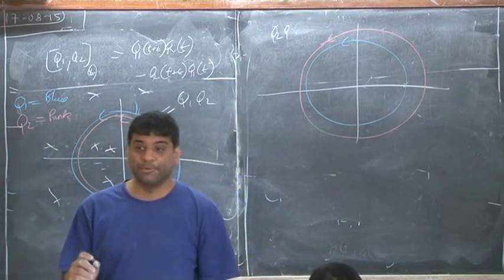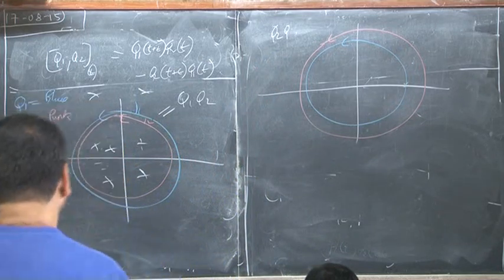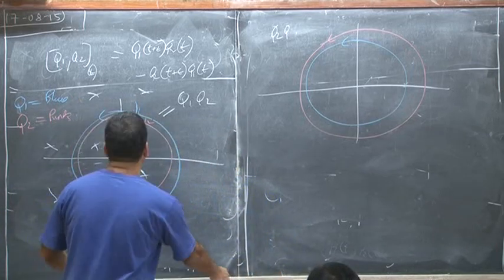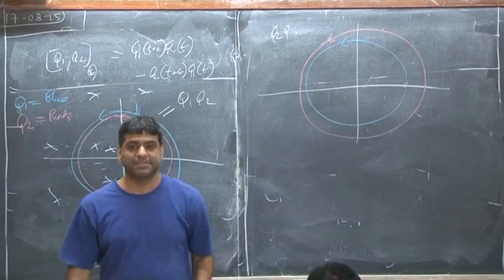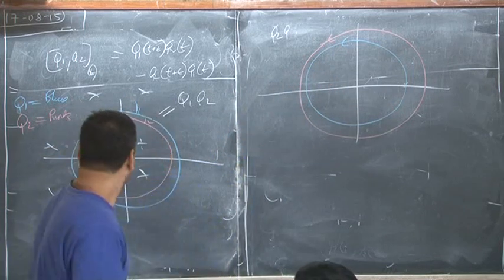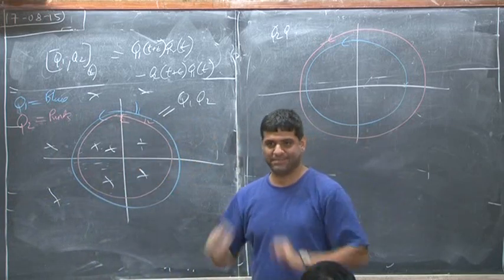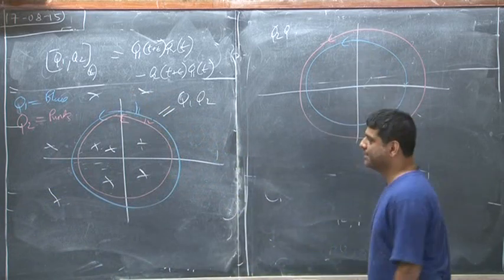Now what I want to do is compute Q1, Q2 minus Q2, Q1. So what I'm going to do is the following. Let me choose the red contour on both the diagrams to be over the same radius. Here the blue contour is a little bit above, and here the blue contour is a little bit below.